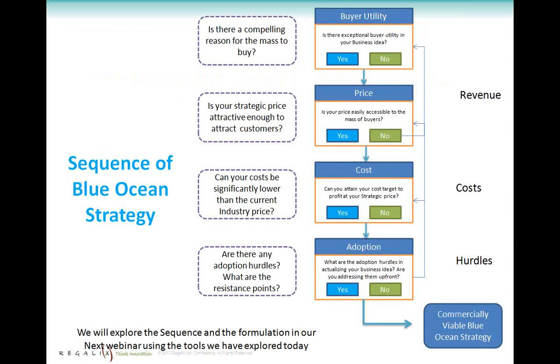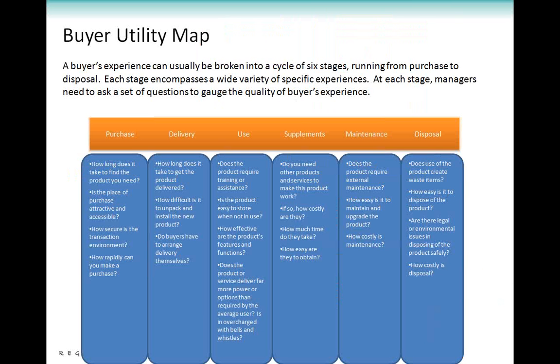Now let's look at the first test, called the buyer utility test. To understand this, we need to understand a buyer utility map. This is basically a buyer's experience that is broken into cycles of 6 stages running from purchase to disposal.